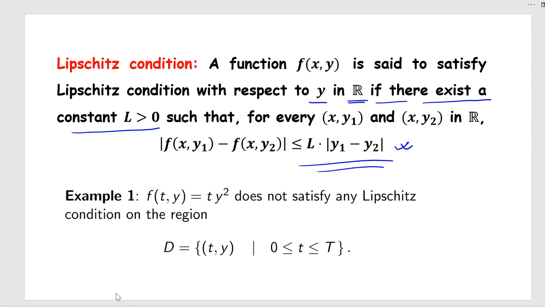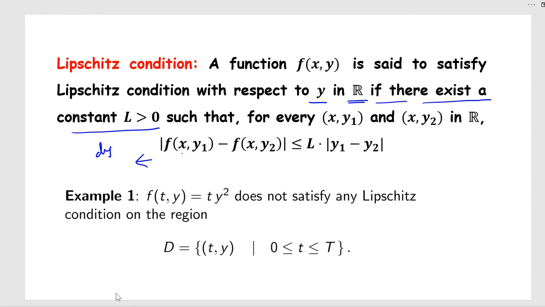In fact, if you divide by this y1 and y2, then it denotes that x is fixed, so the derivative will be bounded.